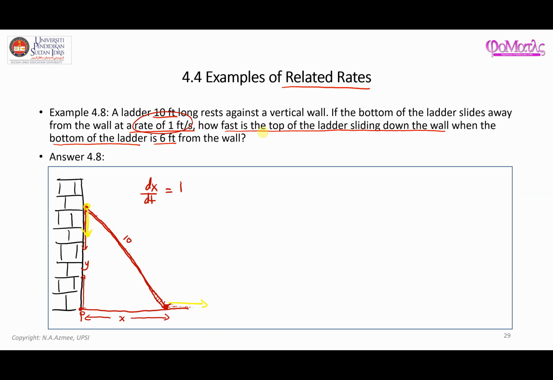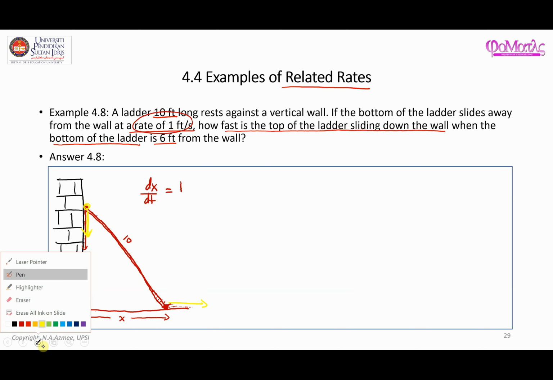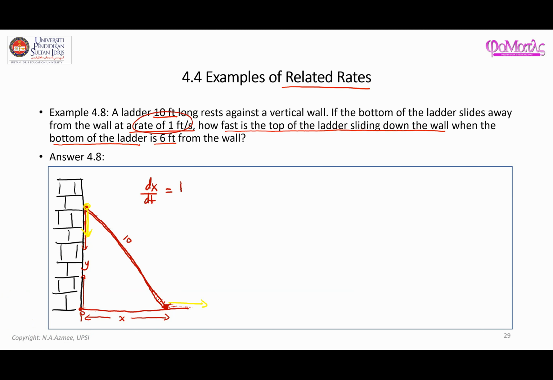So this is actually talking about the rate dy/dt, because when it is sliding down there is a change in the distance y. We want dy/dt when the bottom, which is x, is equal to 6.